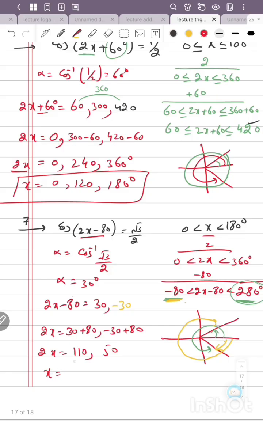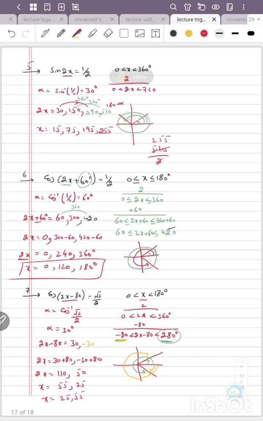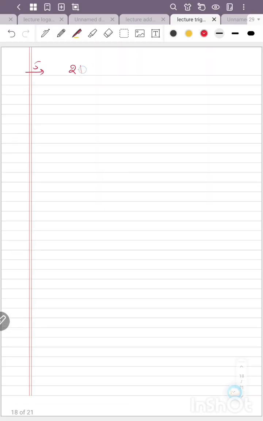And x, if we divide by 2, we have 25 and 55. This is our answer. Hopefully dear student, you have understood these questions. We will go to the next question.